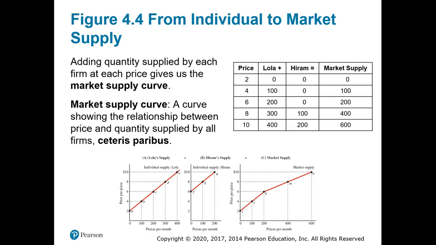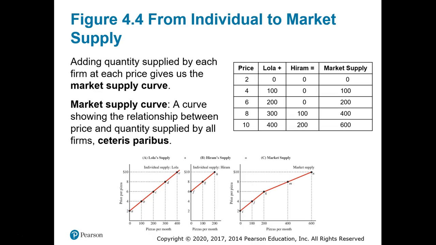He won't do anything less than 6. So for the market, Lola supplies between 2 and 6, but when you combine them at 6, that's when the slope goes more horizontal. You don't combine the curves at 0. You combine them at their market beginning price.